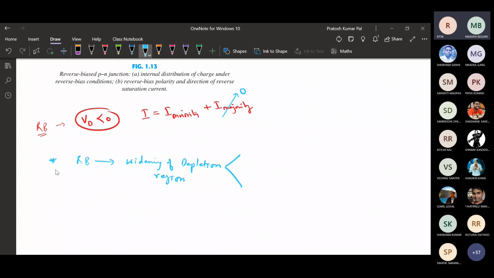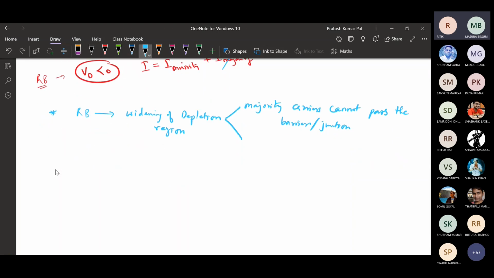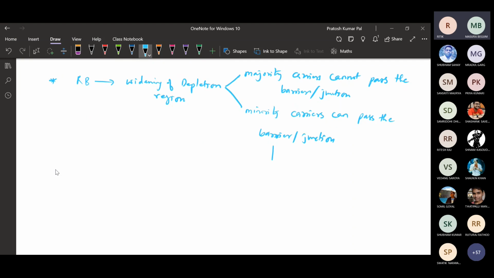As the depletion region has widened, we can note some points. The majority carriers cannot pass the barrier as the region has increased, or the barrier has increased. As the depletion region increases, the barrier potential will increase. So the majority carriers cannot pass the barrier, or junction, but the minority carriers can pass the barrier.